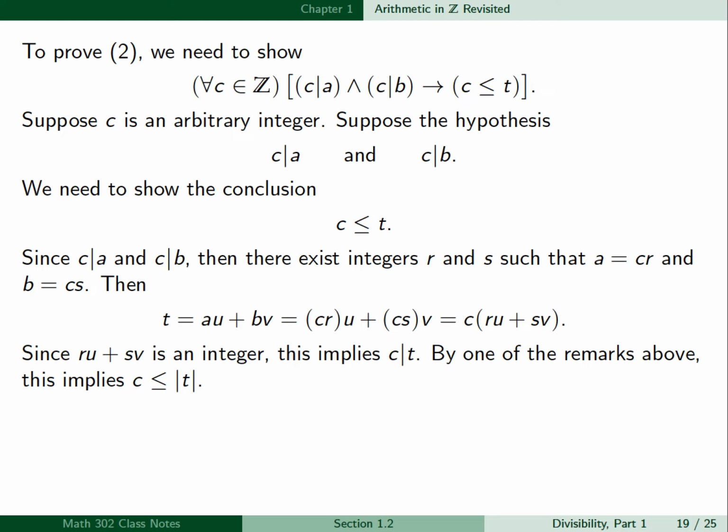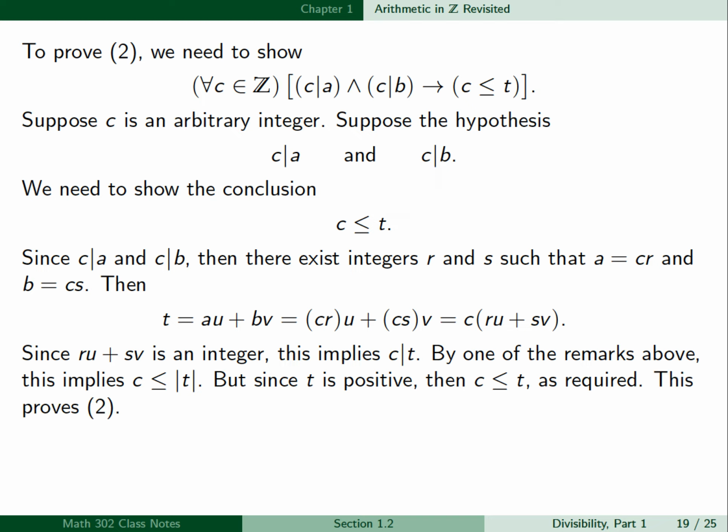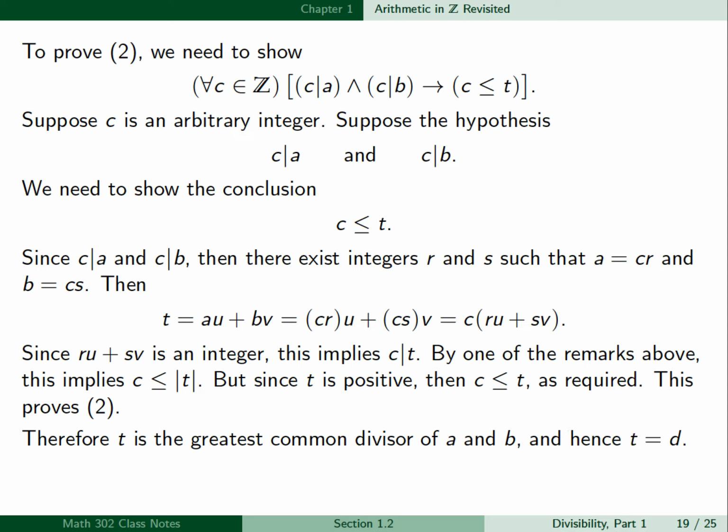And by one of our remarks above, this implies that c is less than or equal to the absolute value of t. But since t is positive, then we obtain c is less than or equal to t, as required. So this proves 2, and therefore t is the greatest common divisor of a and b, and hence t is equal to d. And this completes the proof of the theorem.